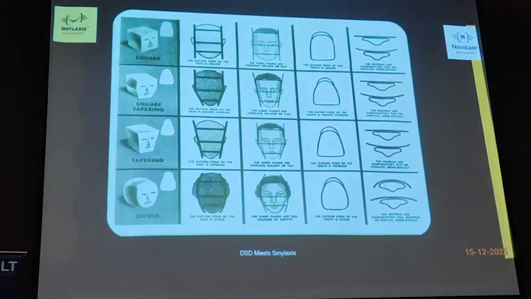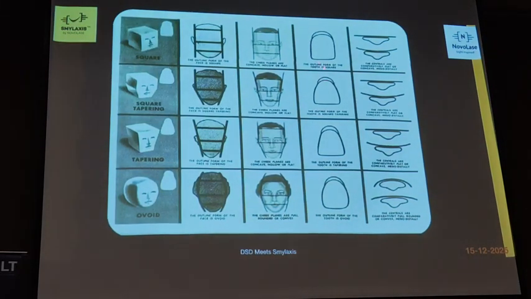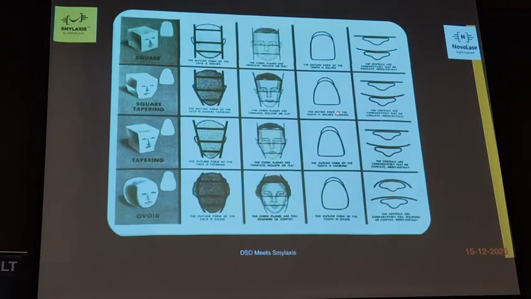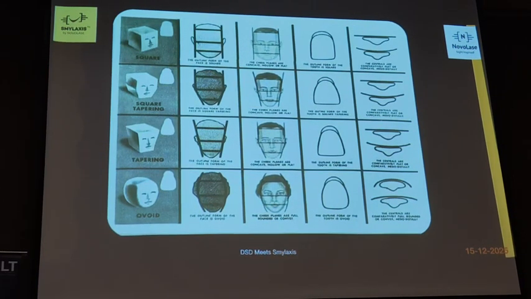The face form, you have different types: square, tapering, and oval. This helps in selection of teeth. Maybe you guys have heard in prosto lectures, final year BDS, must have forgotten now. I'm just refreshing your memories.